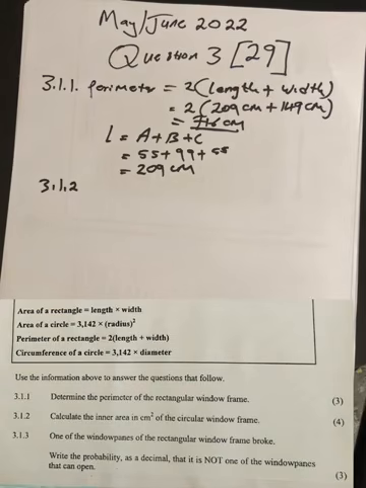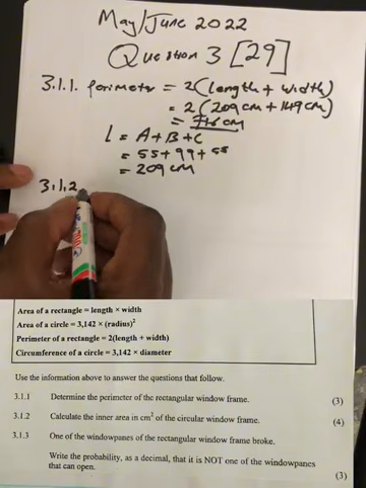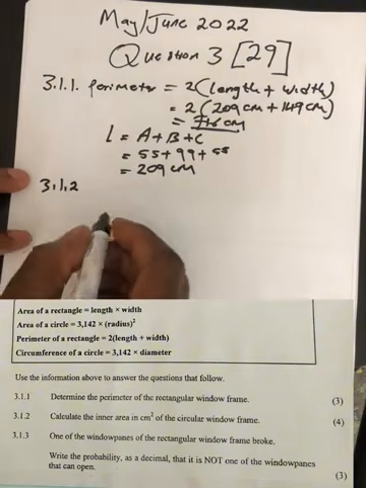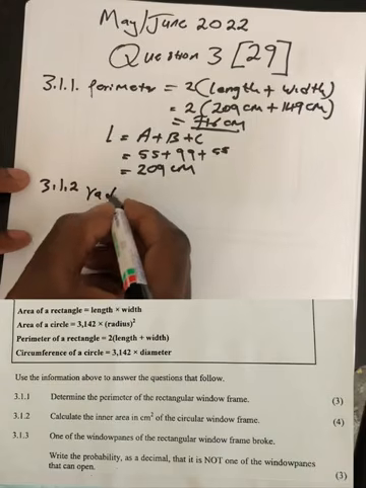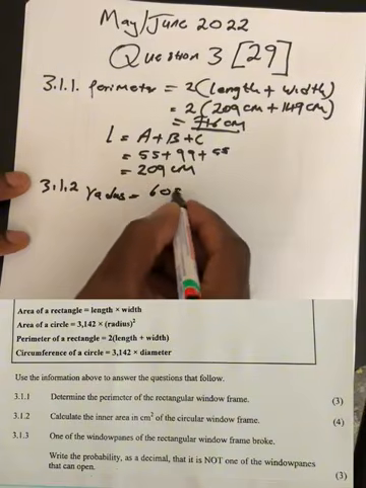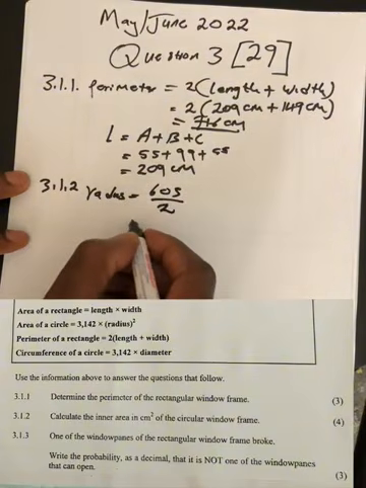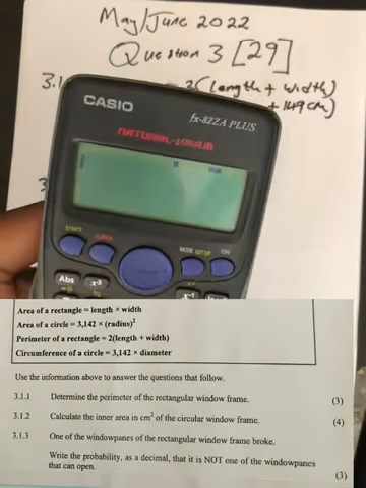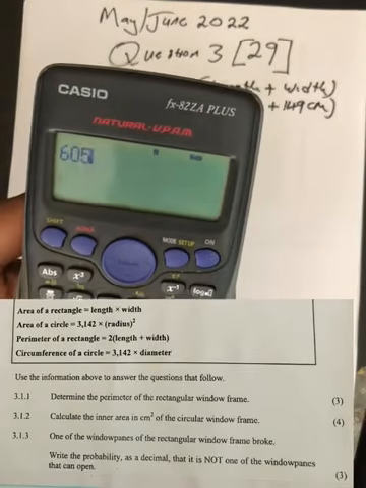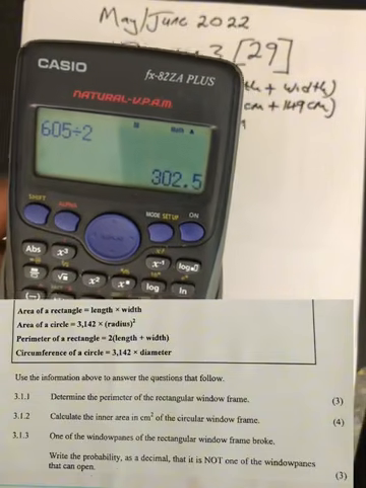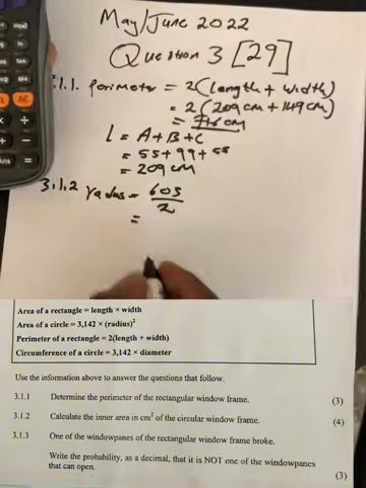So we just have to change our diameter to be our radius. So we are going to say radius is going to be our diameter, which is 605 divided by 2. Let's use a calculator to find the answer for this. 605 divided by 2. The answer is 302.